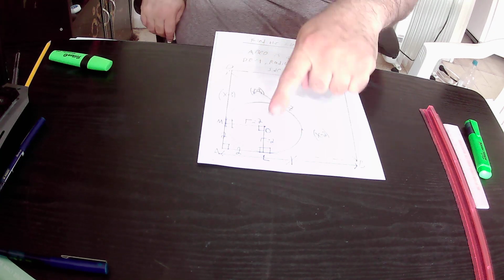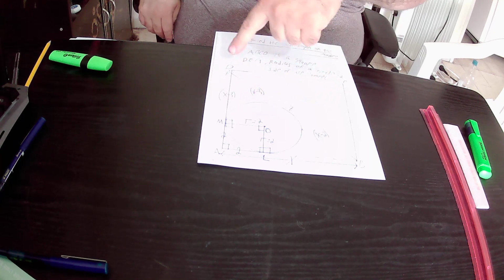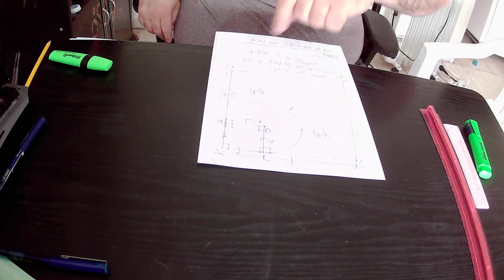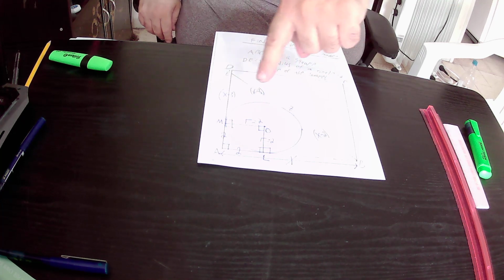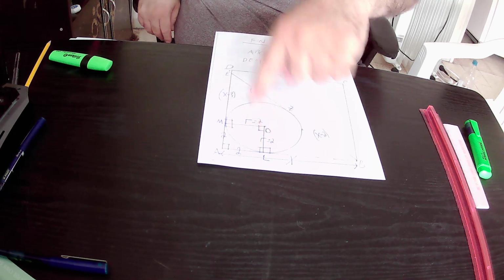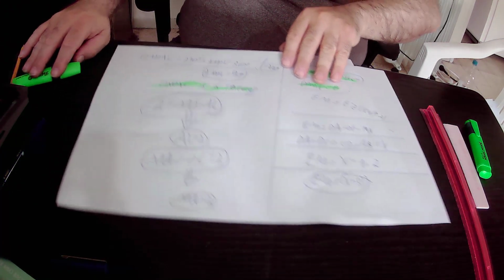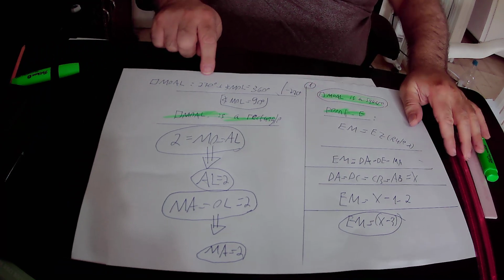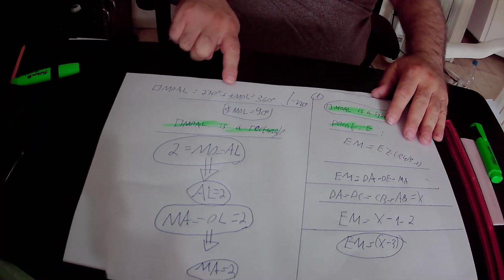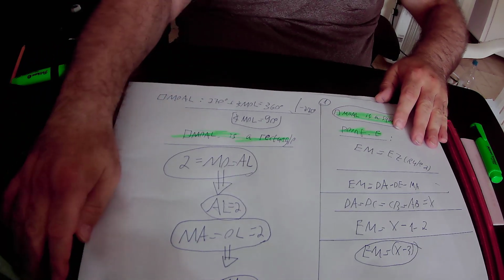Therefore, angle DAB equals 90 degrees. So in quadrilateral MOAL, we have 1, 2, 3 right angles. And the sum of 3 right angles is 90 times 3, that is 270 degrees, plus the size of the fourth angle, that is actually angle MOL.